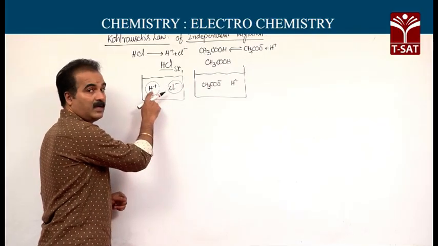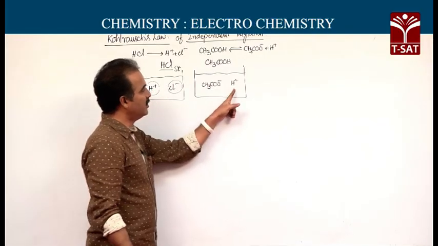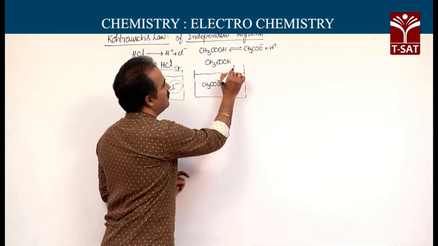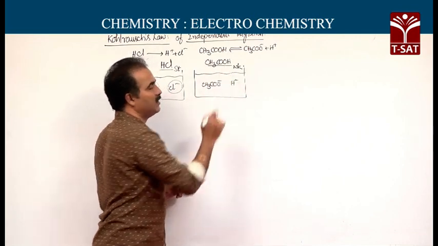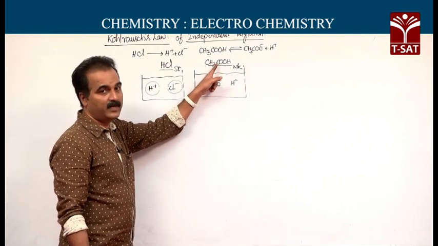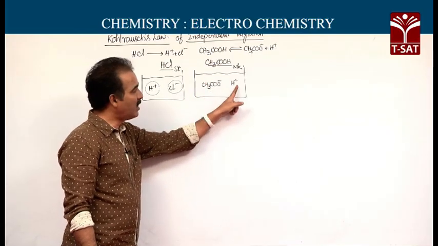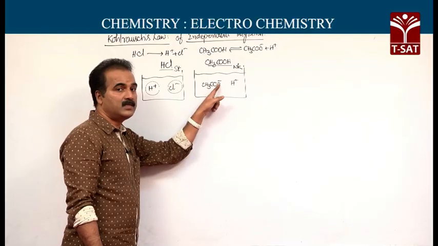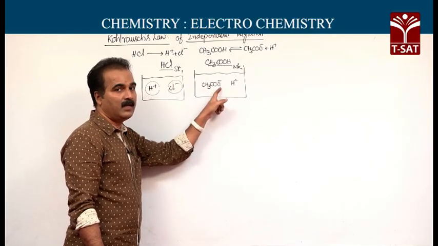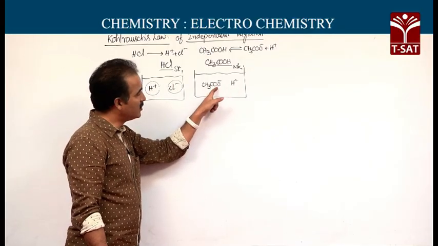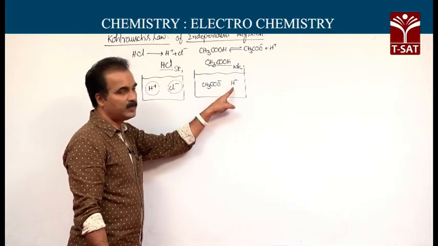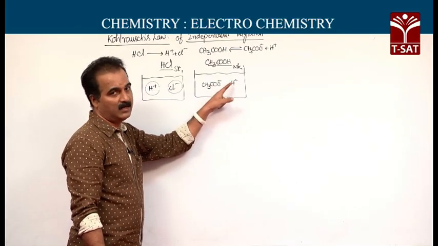So, this is having higher mobility, whereas acetic acid is a weak acid. What do you mean by weak? It does not like to give H plus. If it does not like to give H plus, acetate ions will be very interested to have H plus with them, means acetate ion is having affinity, liking for H plus. So, this will be definitely attracting H plus. So, the mobility of H plus is less here.